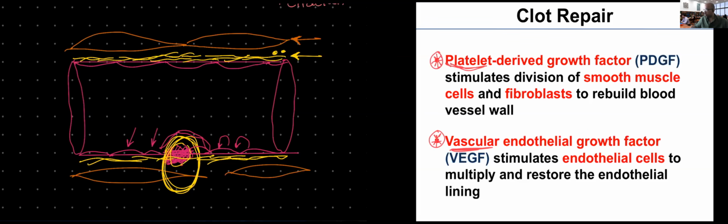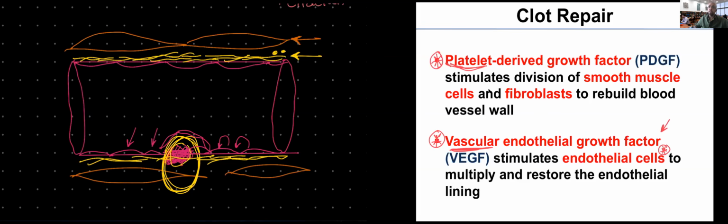We call the growth factor in here that gets released from the endothelial cells, that will be stimulating the endothelial cells to restore the endothelial lining of the blood vessel, my vascular endothelial growth factor.